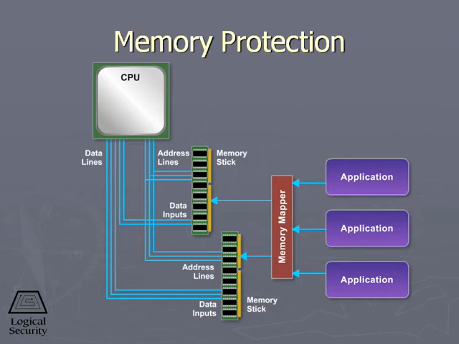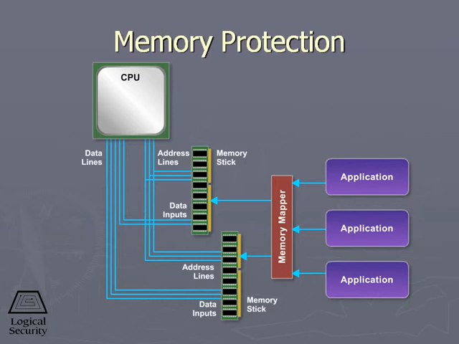So the application thinks he has 2 gig of true RAM that he can play with. Now, the memory manager then will move the application's processes into physical RAM. And so the memory manager keeps track of the physical address and how it maps to the virtual address that was given to the application.